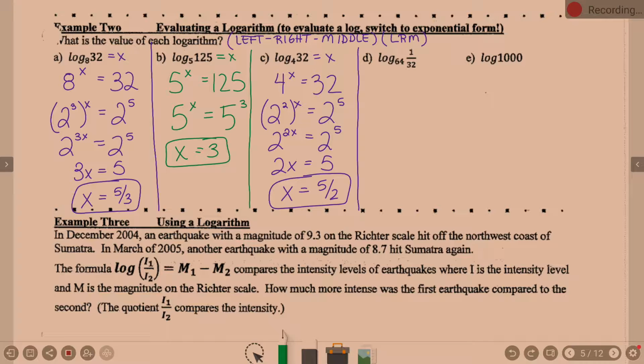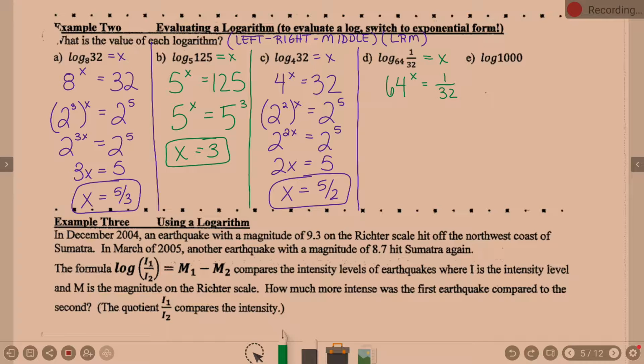I'm going to take log base 64 of 1/32 and set it equal to x, correct? What's my statement I'm going to write? 64 to the x equals 1/32. Okay, left, right, middle. So the 64 on the left raised to the x on the right equals the 1/32 in the middle.